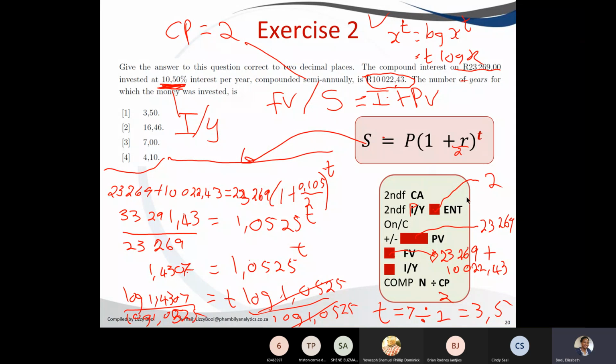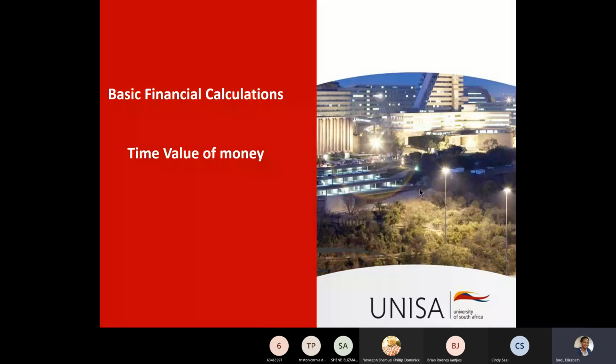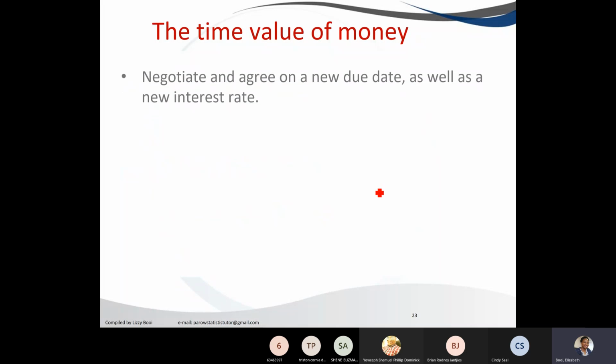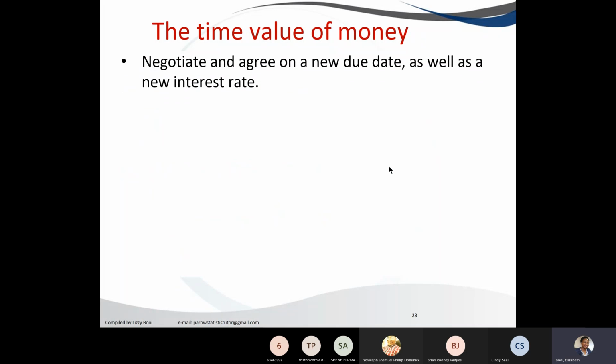Now let's look at how we use the same kind of calculation for the compounding periods, but use it for moving the money forward and moving the money backwards, which is what we call time value of money. So with time value of money, we're also going to learn how to do the basic calculations of this by applying simple rules, because when we move money backwards and forward, we are negotiating some new dates or new interest, for example.